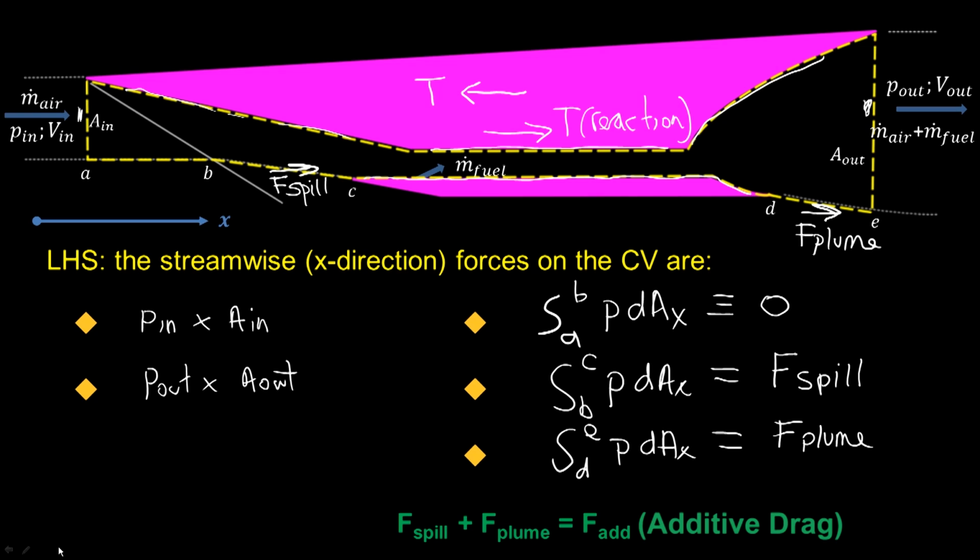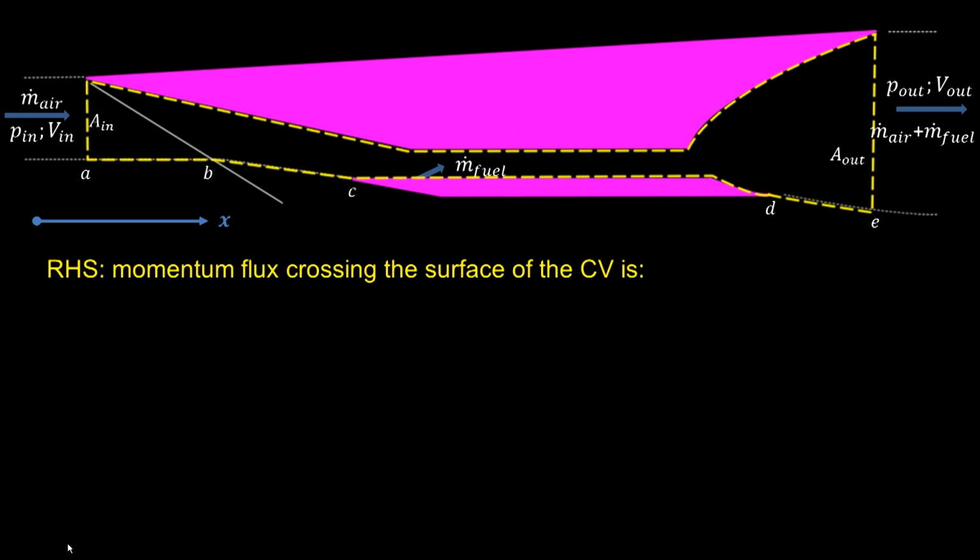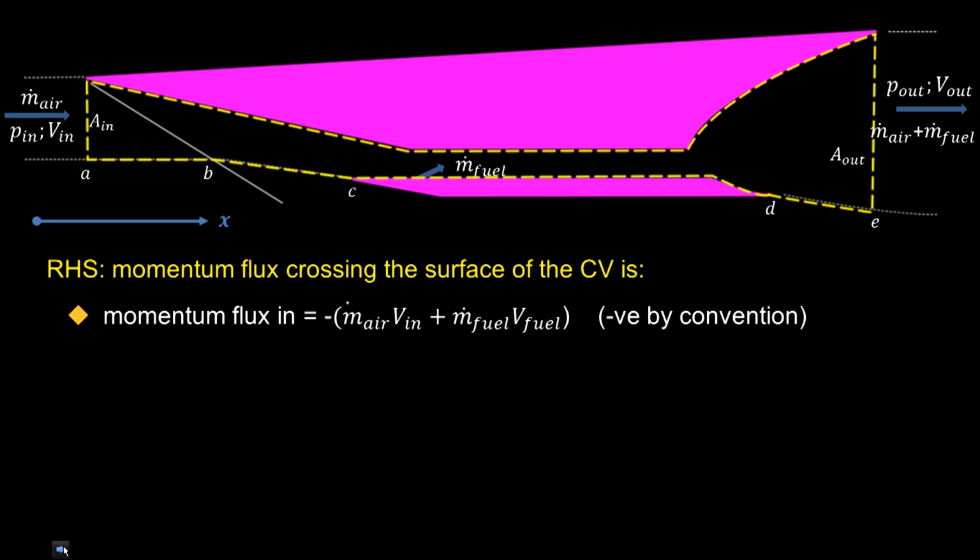Going now to the right-hand side of the equation, which is associated with the momentum flux of the airflow crossing the control volume, we have fluxes due to the inflow of the air and also due to the inflow of the fuel into the control volume. Now, in the formulation of Newton's second law for a control volume, inflow fluxes are considered negative.